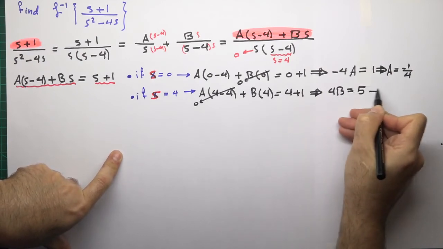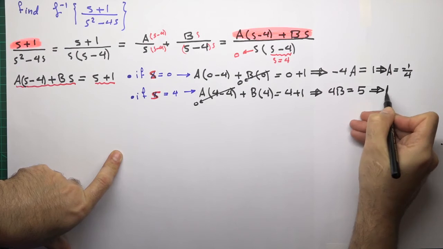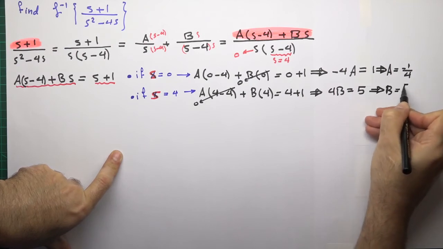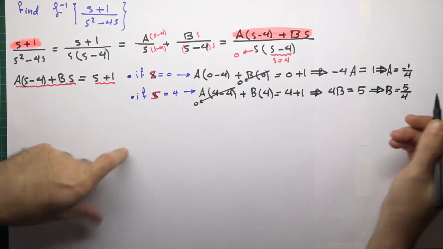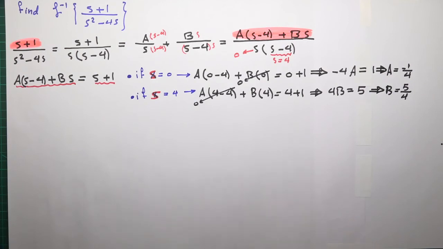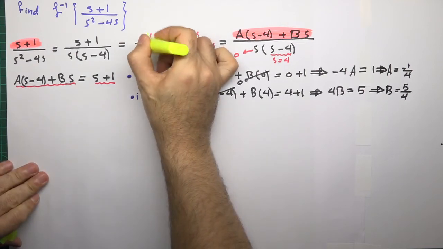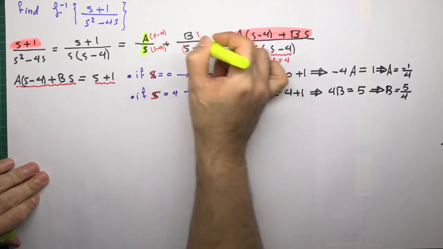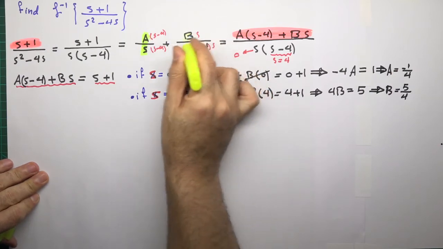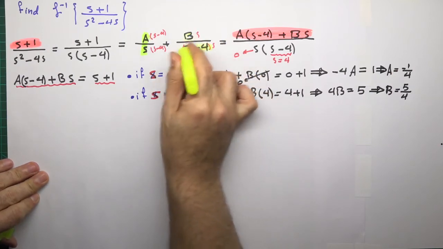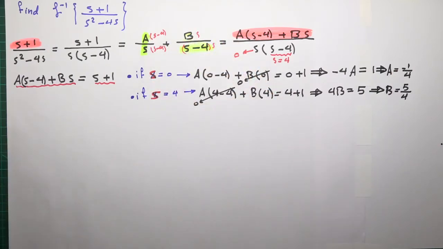We will divide both by 4, then B equals 5 over 4. So this is the value of A, this is the value of B, and we have to remember that A is divided by s, and B is divided by s minus 4.